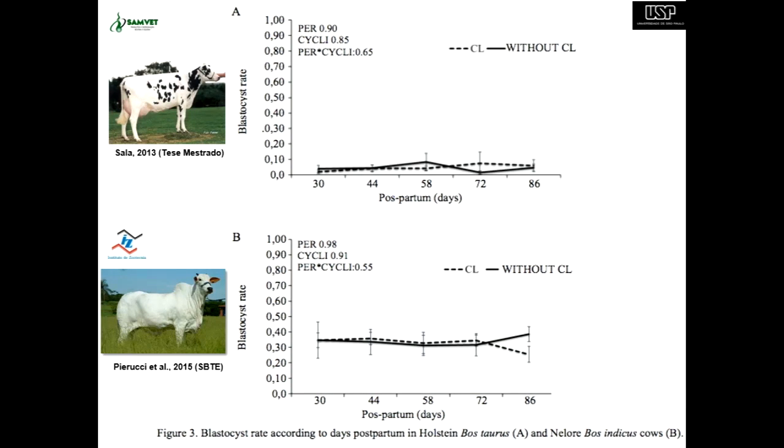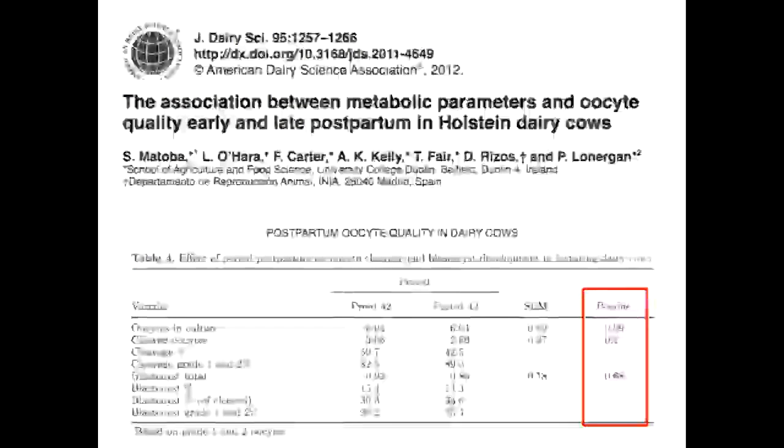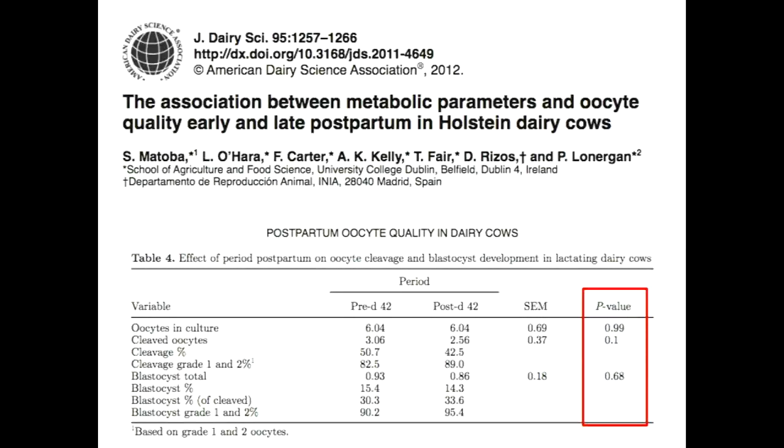Probably we are collecting follicles of 3 millimeters, and probably the metabolic effect in the postpartum is more evident in the dominant follicle that ovulated than in the little follicle. But we didn't find any effect. Just to show, we have very few data in the literature.